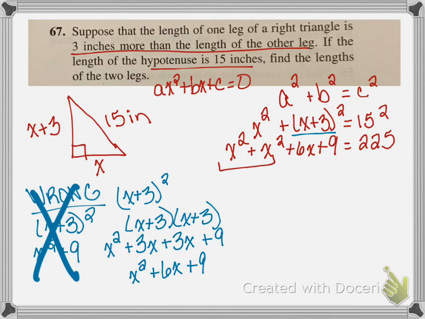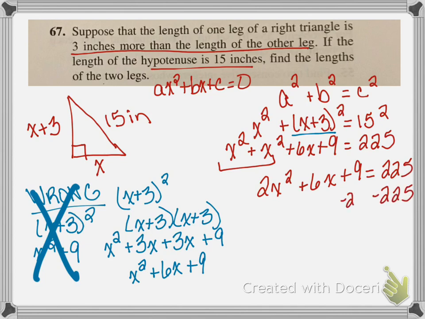These can be simplified to 2x squared. What do I have to do with my 225? Good, I need to subtract it from both sides. So I'm left with 2x squared plus 6x minus 216.